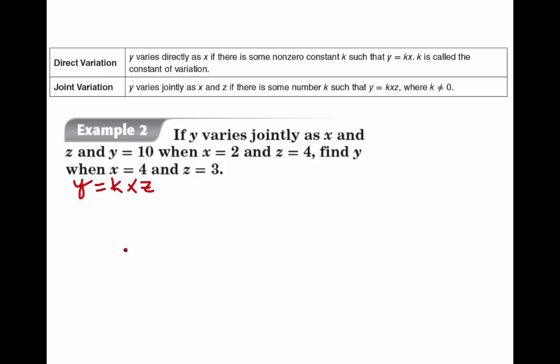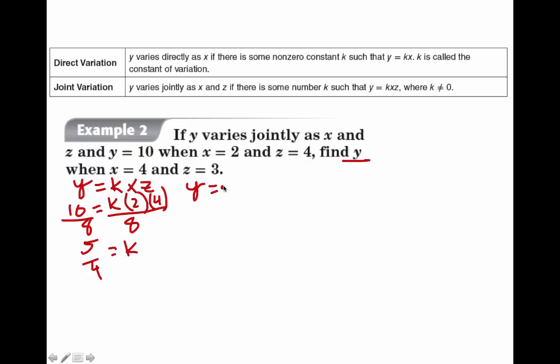I put in a 10, and I put in an x, and I put in the z. Those are the things that were given to me. I'll divide by 8. K is 5/4. I'll go back and find y. I know k, and when x is 4 and z is 3, y is 15.